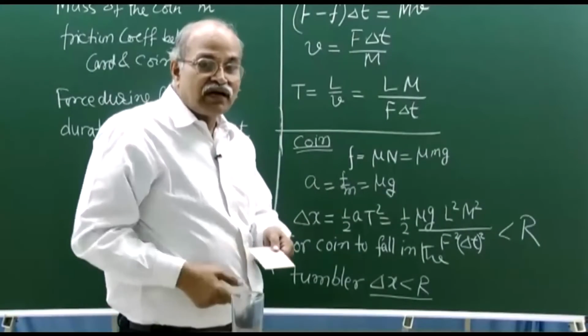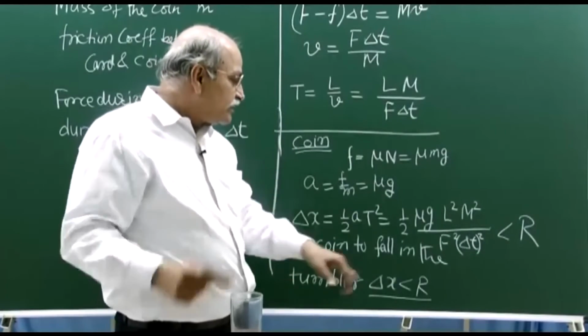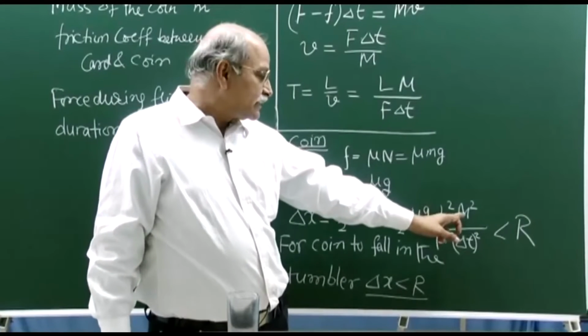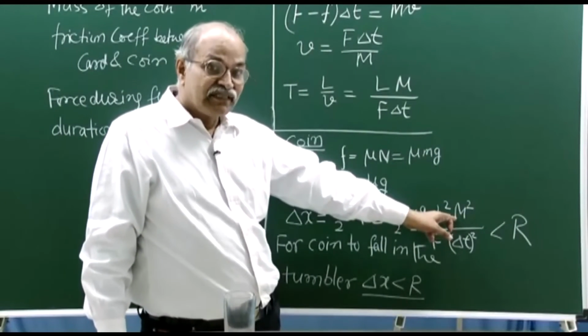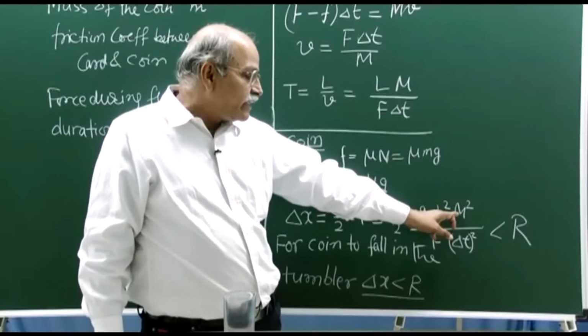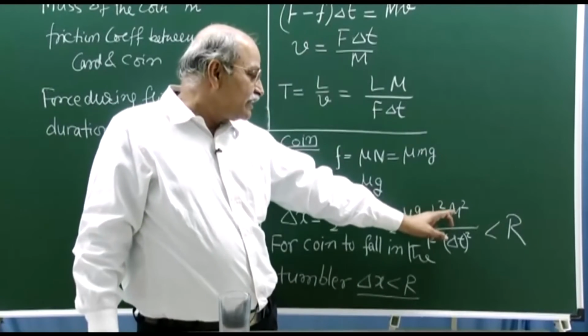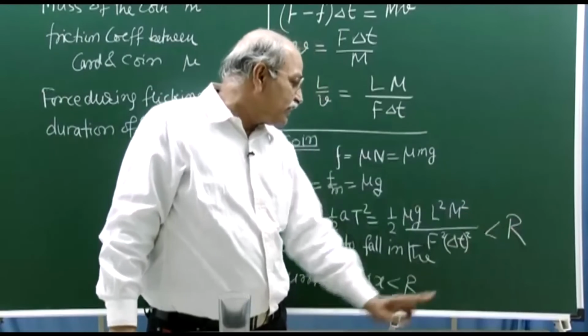If you take a long card, then the chances are the coin will fall outside the tumbler. Then mass, this is the mass of the card. That also is important, it should be light. If your card is heavy, if this mass is larger, then this quantity will become larger and it may be more than the radius.